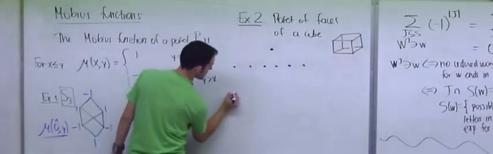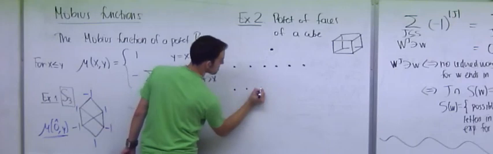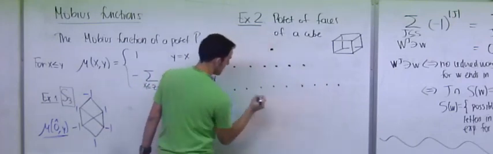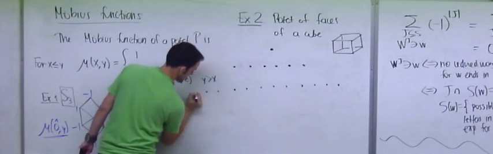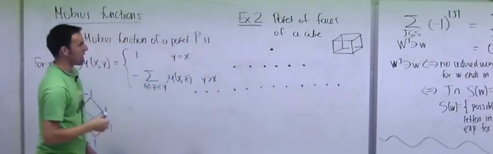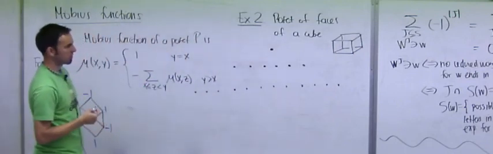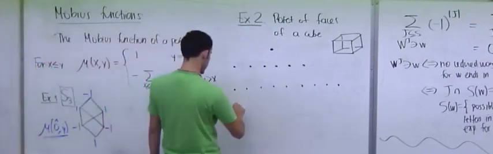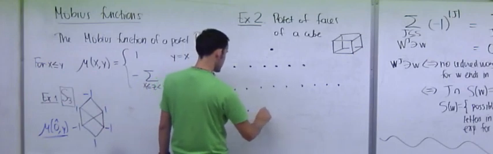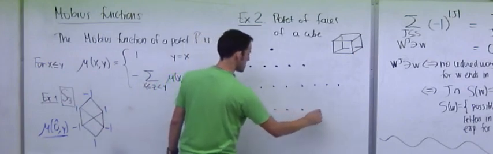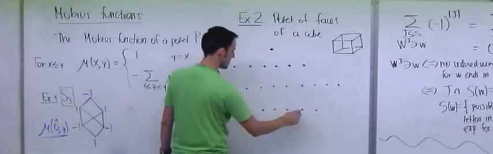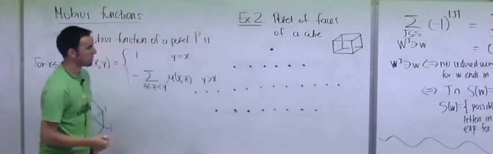So how many zero-dimensional faces do I have? Well, the 8 vertices, right? So I get this.